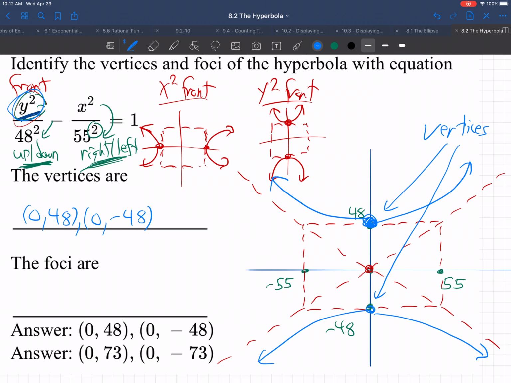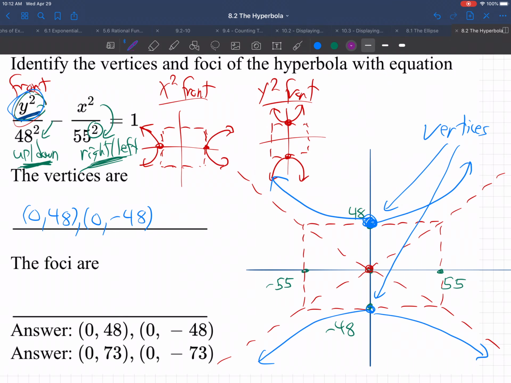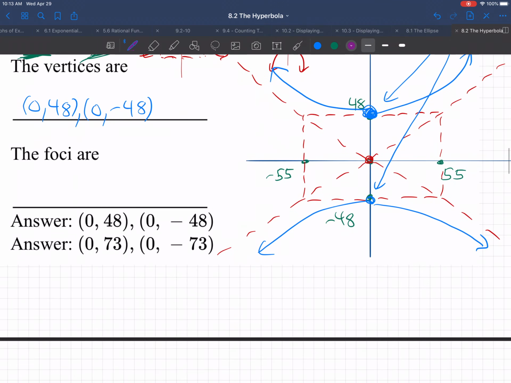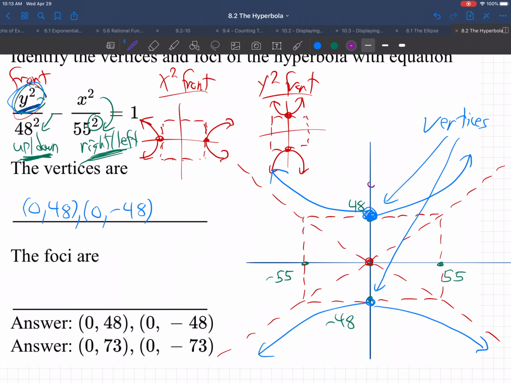I don't think I've told you that, so let's talk about that. How do we find the focus points? Let me just say this. The focus points are always inside the branches. So here are the two focus points. They're always inside the branches.